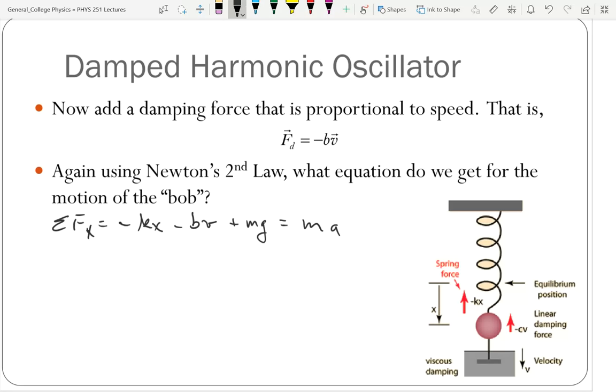Just like before, I'm going to rearrange this. I'm going to divide everything by M and move everything that has an X to one side and the term that doesn't have an X to the other. Now, remember, A is the second derivative of X with respect to time, so it has an X. What else has an X that doesn't explicitly show an X here?